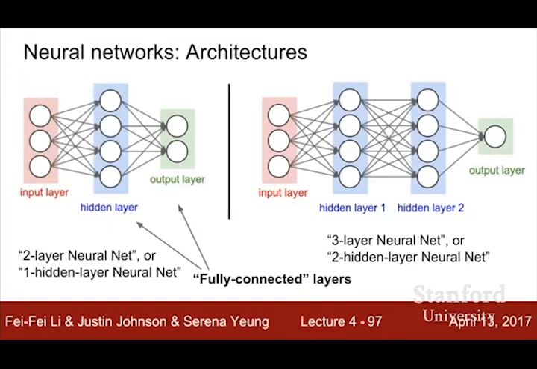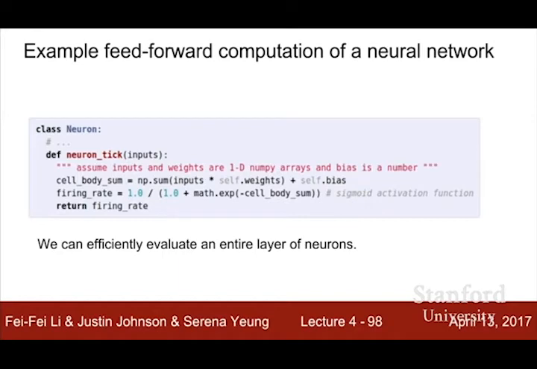And then for our 3-layer neural network, this can also be called a 2 hidden layer neural network. We saw that when we're doing this type of feed forward pass through a neural network, each of these nodes is basically doing the operation of the neuron that I showed earlier, right?